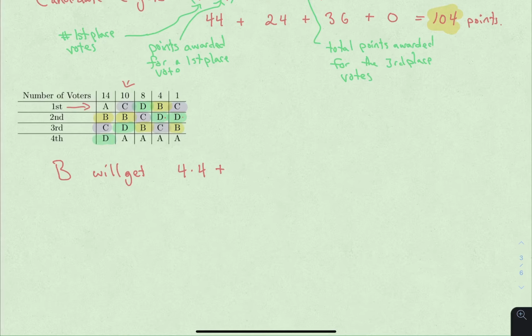B is voted second 24 times. It's 14 plus the 10. And each time that earns them 3 points. And 9 times B was placed third. Again, no times was B chosen for fourth.